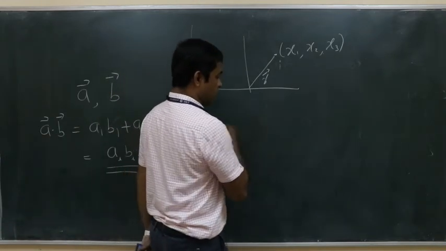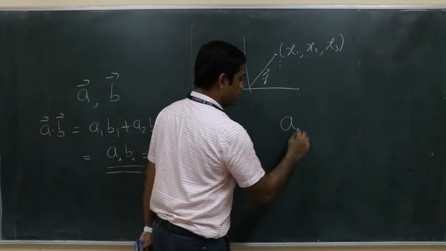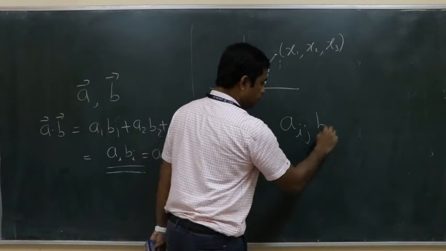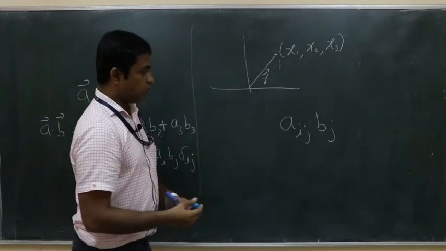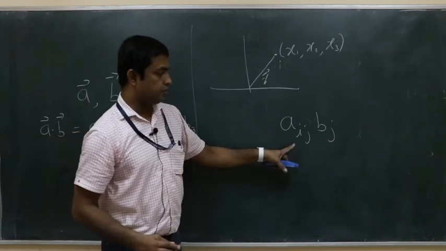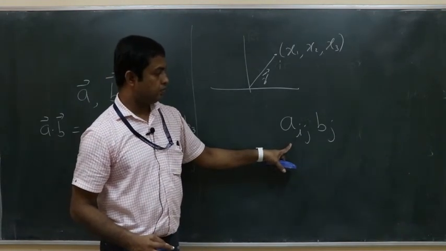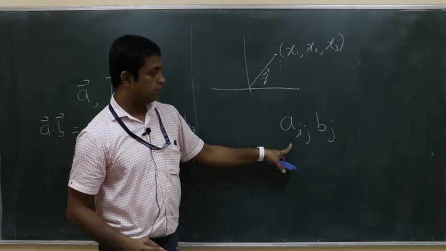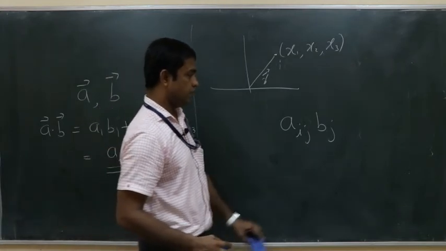We will come back to this A dot B later on. So let me just write down A IJ BJ. How many terms are there? 3 terms.